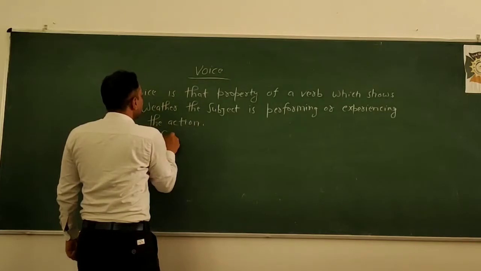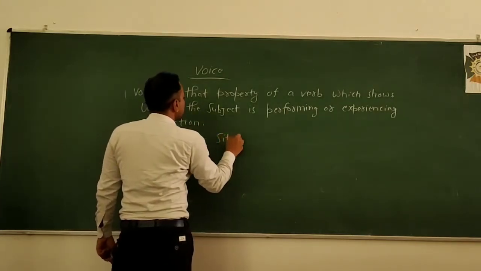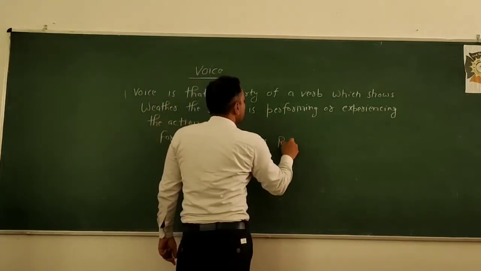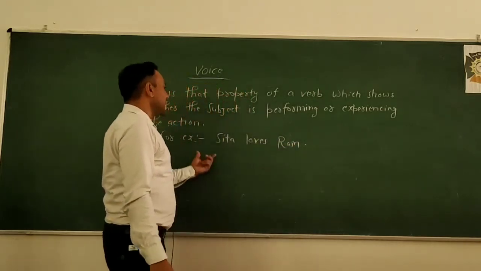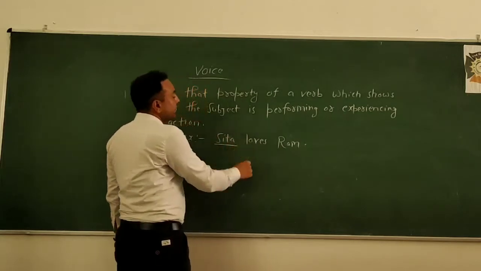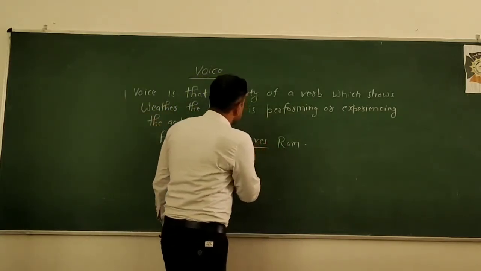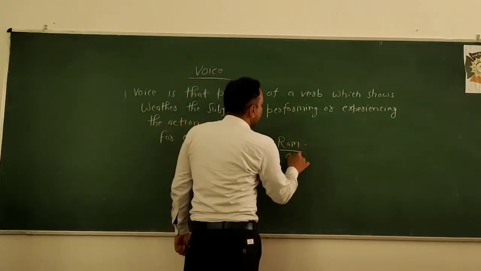For example, if I take a very simple sentence, Sita loves Ram. This is a very simple sentence in active voice. Sita is the doer of the action, love is the main verb, this is the subject, and this is the object.